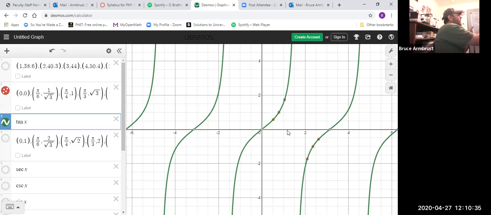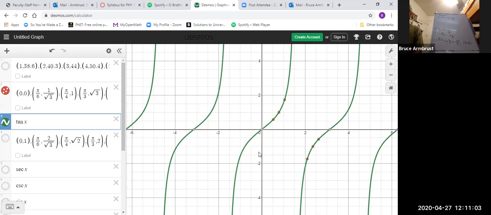Okay, so I'm going to go ahead and write that on the board, that the domain is all x's except those that are the half pi's. So let me change it so that the little window in the corner is actually the whiteboard. So hopefully now in the corner you can see the little whiteboard.